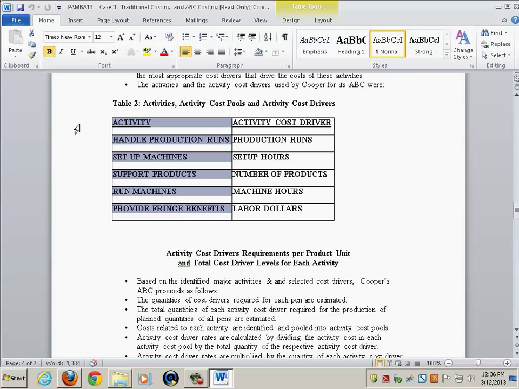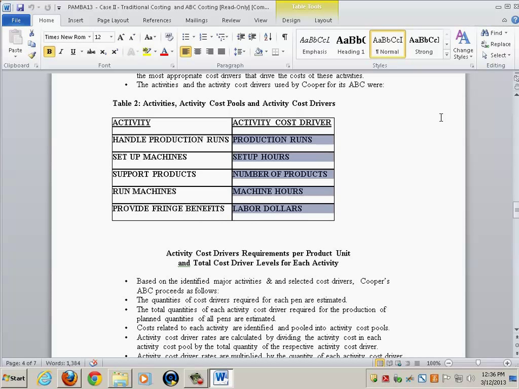Okay, now the first stage is the activity analysis. The second stage, which is already done too, is identifying and choosing the appropriate activity cost drivers for each activity, the most appropriate for each activity. So it happens that for handling production runs, the most appropriate cost driver that was chosen was the number of production runs.